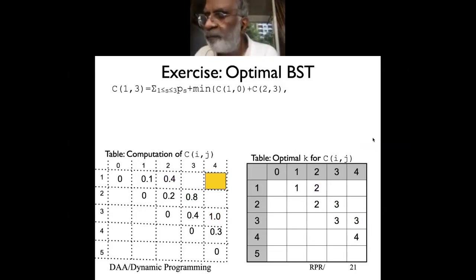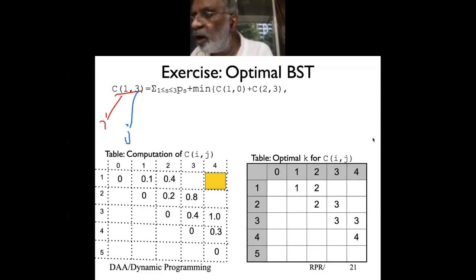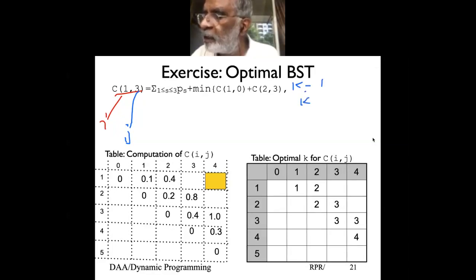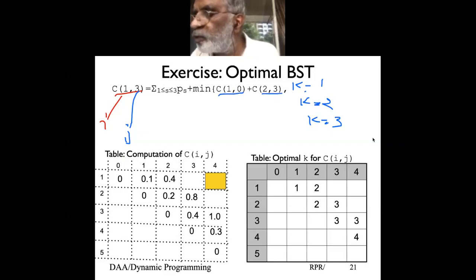By going the same way, C1,3, my i is now 1. This is my i. This is my j. Now look at the min of k, where k is 1, then second term k is 2, then third term k is 3. When k is 1, it becomes C(i, k-1), C10, C(k+1, j), k plus 1 is 2, C2,3.